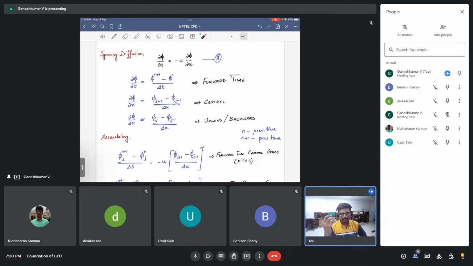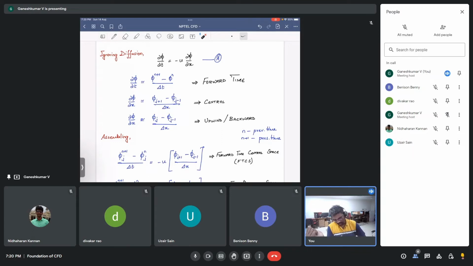If you evaluate by the known values, then you call it an explicit scheme. If we evaluate at n plus 1, the present time step, we don't know those values, but previous time step values we know. So if you evaluate this at the n plus 1 time step, then it would become an implicit scheme.